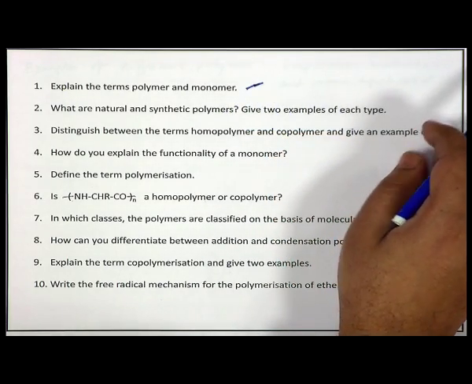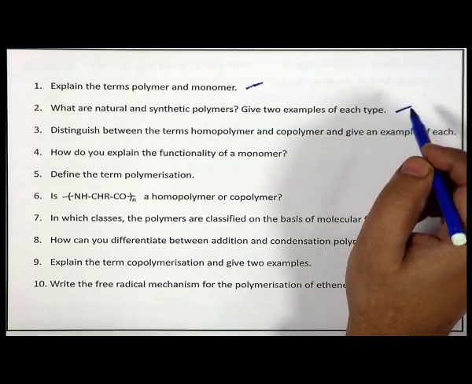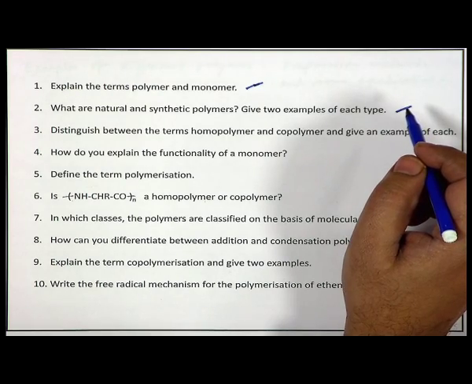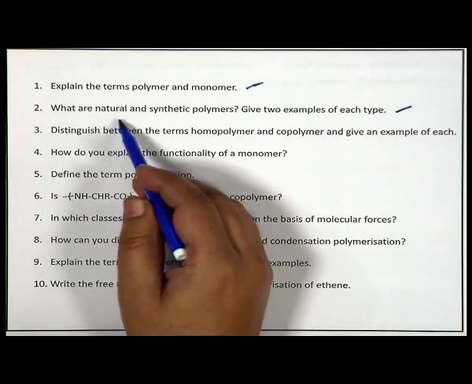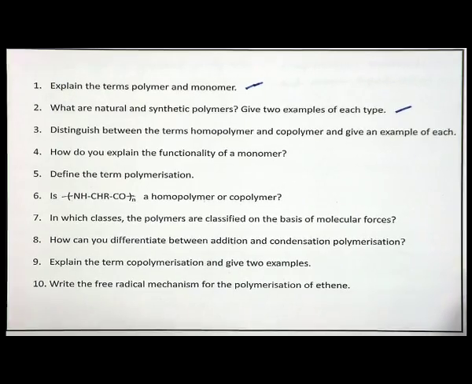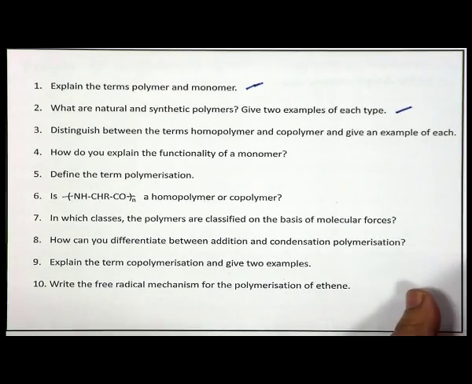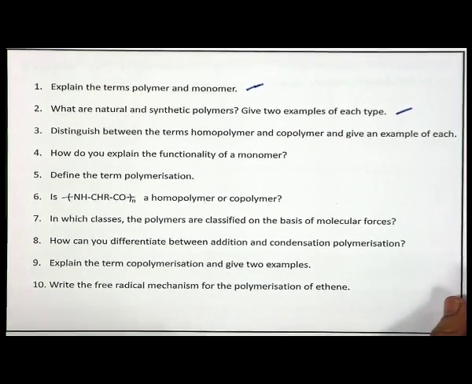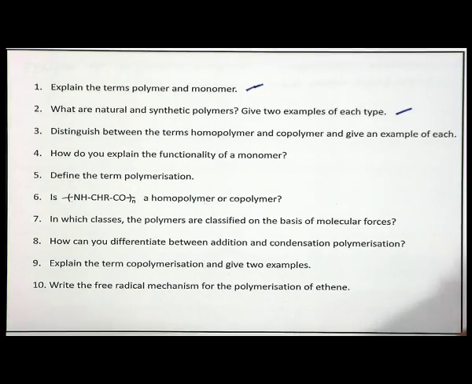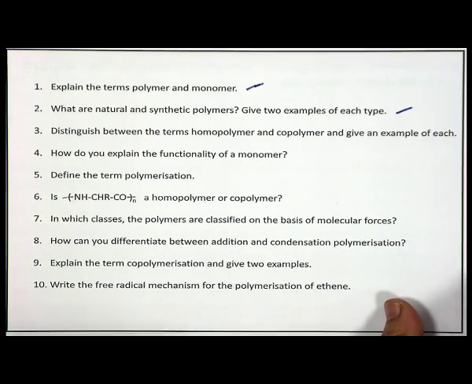Okay. We talked about natural and synthetic polymers. The natural polymers are those which originate from plants or animals, and synthetic polymers are synthesized in the laboratory. And we have given many examples in the last class.